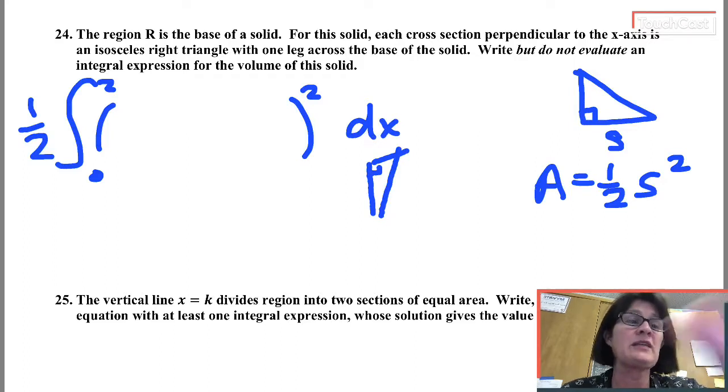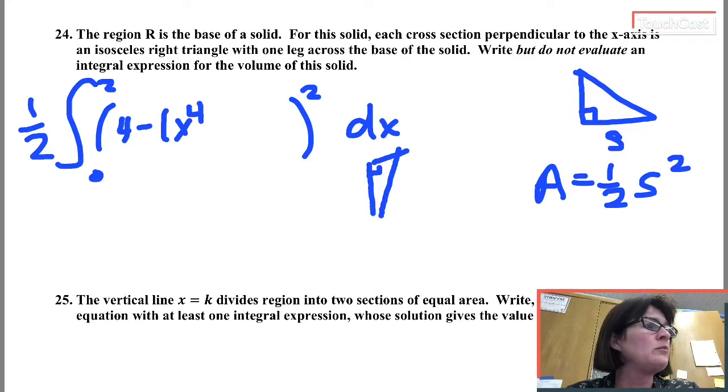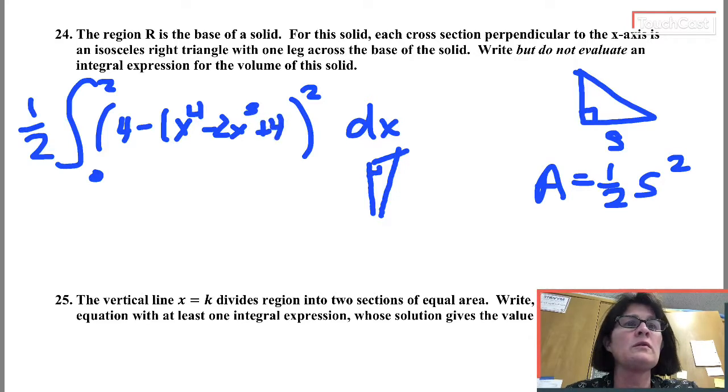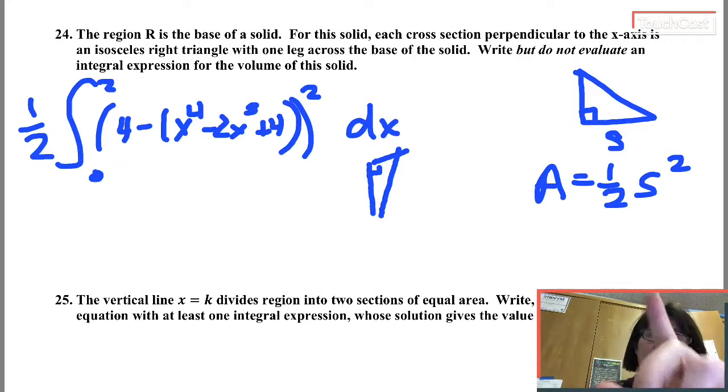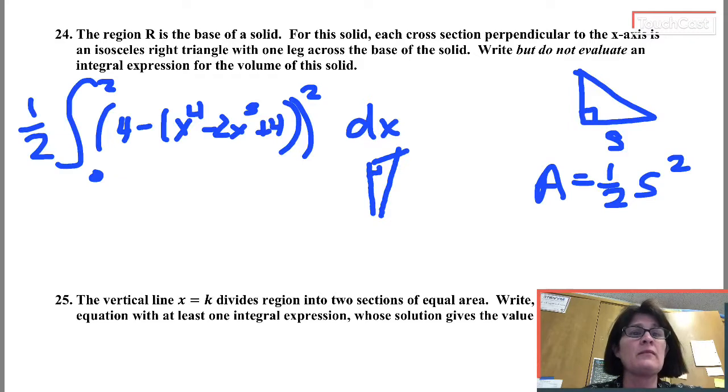And this is the same side because I have that same region. So 4 minus, x to the fourth minus 2x cubed plus 4. So this integral is going to look exactly like the last integral except with a 1/2 multiplier in there.